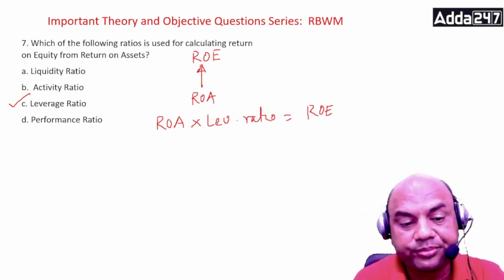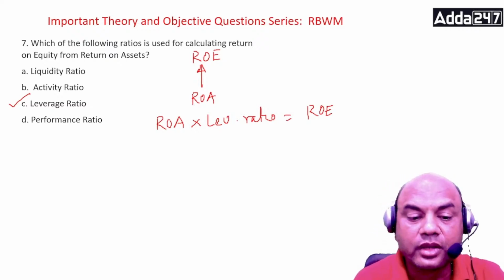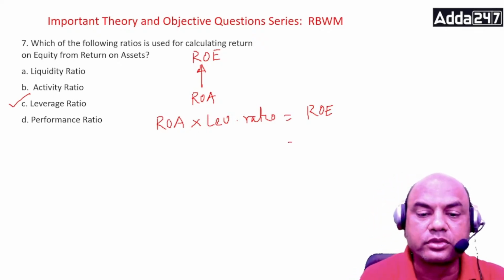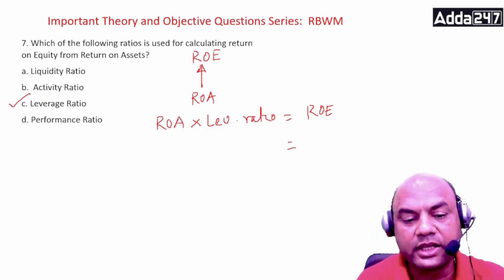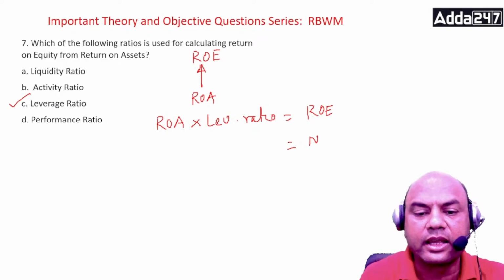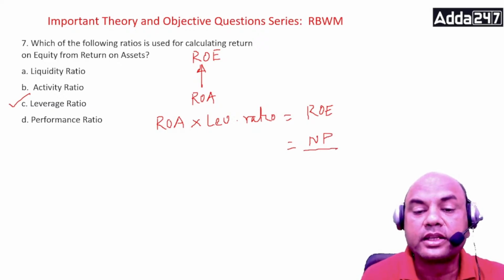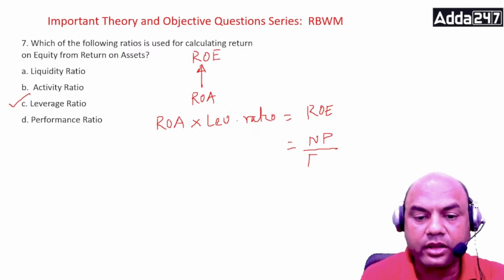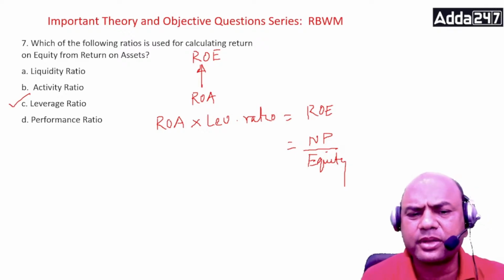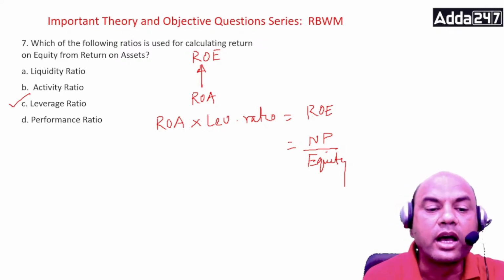You'll say how? See this. What is the formula for ROE? ROE equals net income, we call it NI, net profit upon equity. I'm giving you in simple terms. ROA means what?